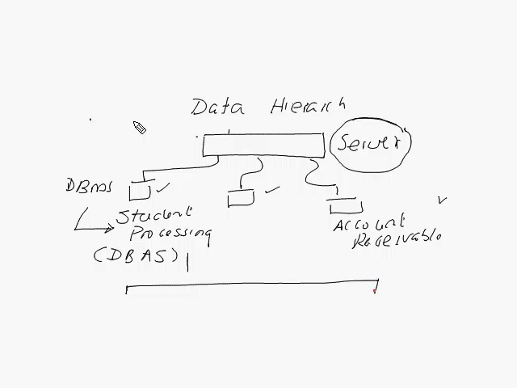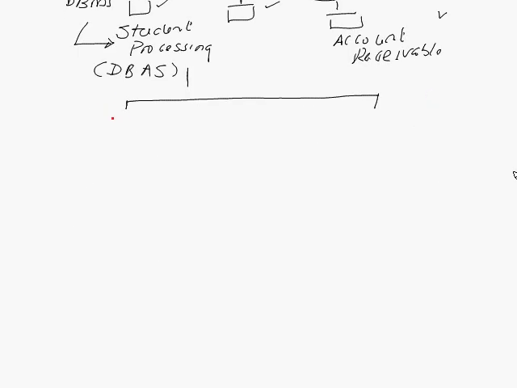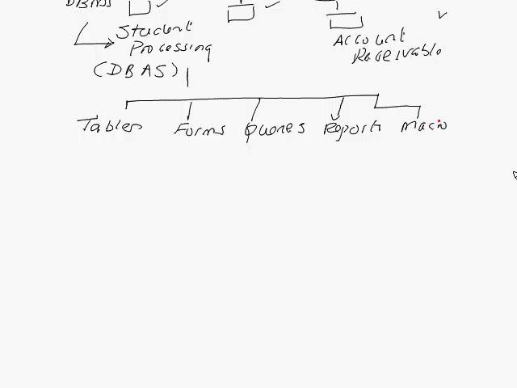I'll explain those things now. This application system is made up of tables, forms, queries, and so on. And incidentally, what else can you have? You can have reports, and the other two are a macro, and you can also have modules.